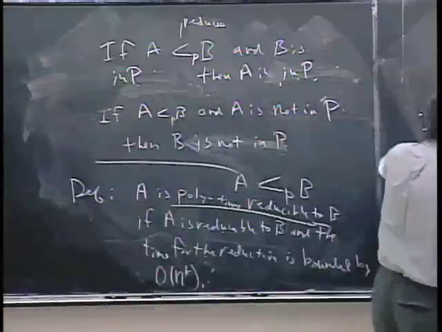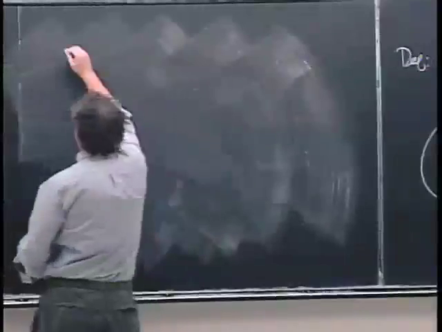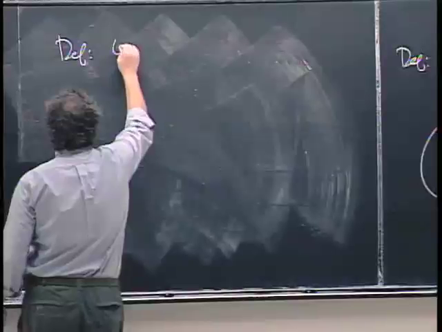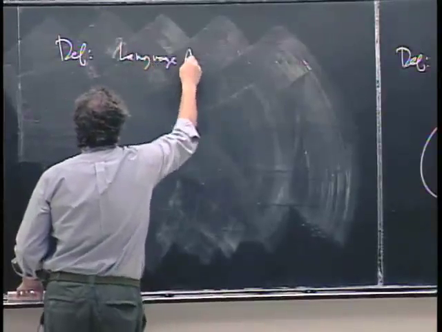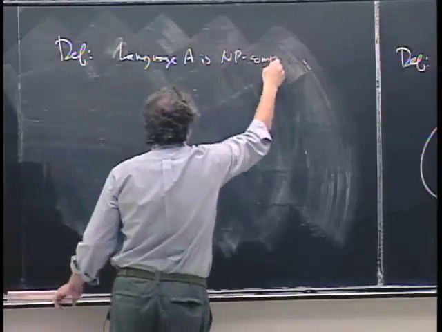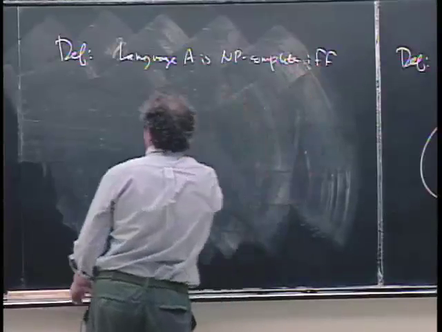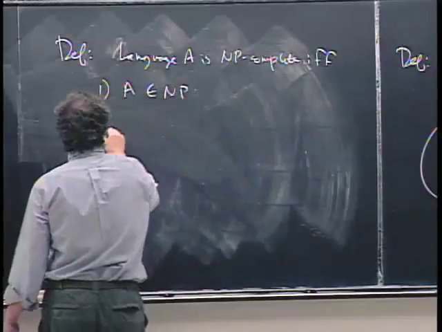Now, main definition of this lecture: a language A is NP-complete if and only if two things. First of all, A is in NP, no great distinction.